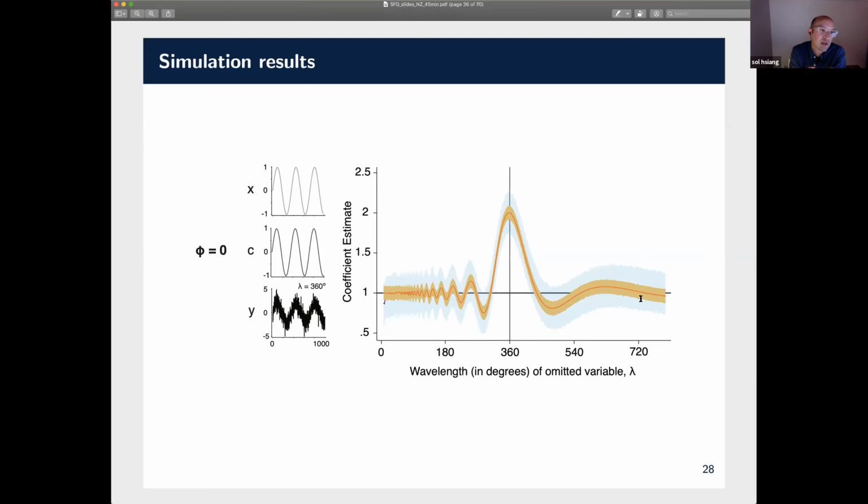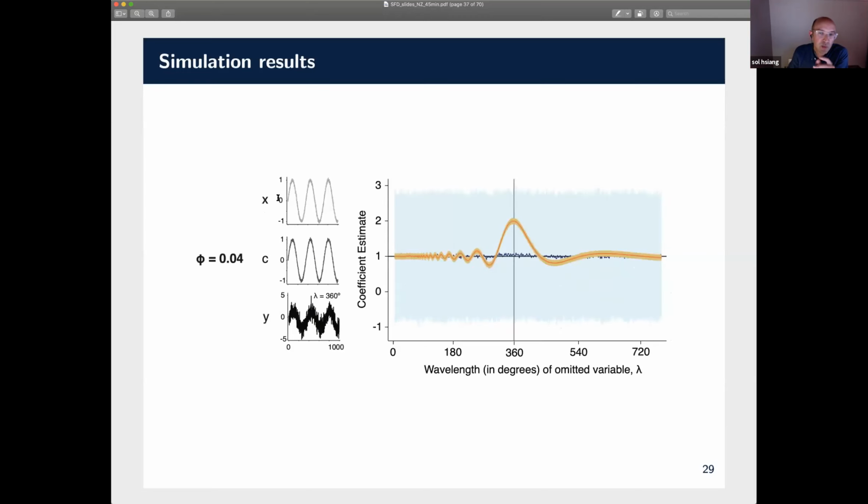The reason we do that is because we often don't know what is happening with the omitted variable, because it's unobserved. What you see on this graph is if the two things are completely in phase, you get a really biased estimate, no matter what you do, spatial first differences or levels, if there's no noise in your treatment variable, because you difference away all the variation that would be useful.